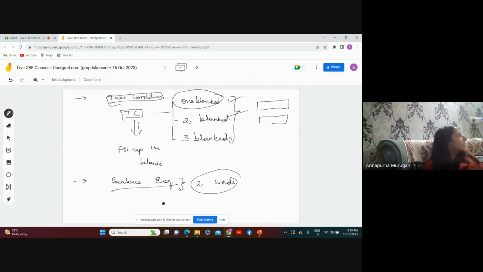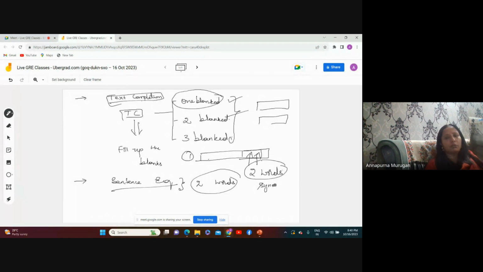Here we'll have a sentence, and this sentence will have only one blank. For that one blank, you need to pick two words, two synonyms. I'll be discussing sentence equivalence later.